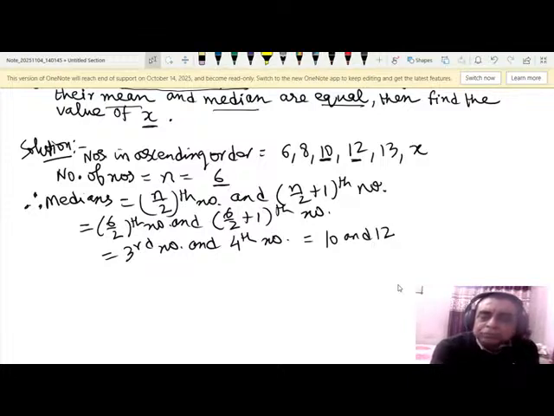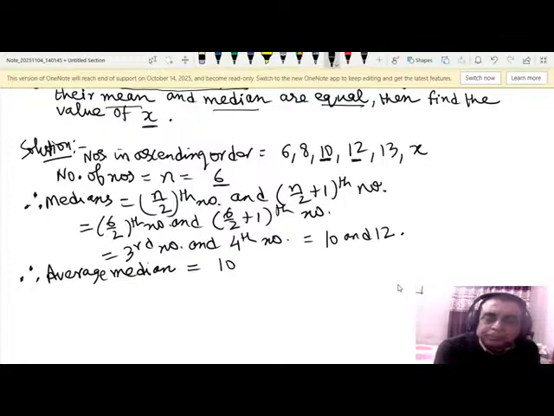When there are two medians, we find the average median. Add up the two medians and divide by 2. 10 plus 12 is 22, divided by 2 is 11.